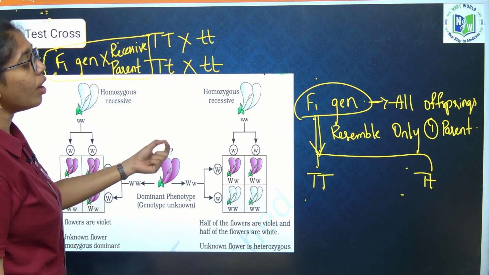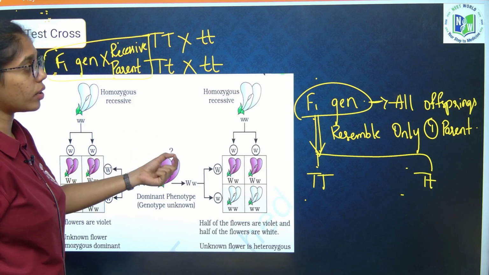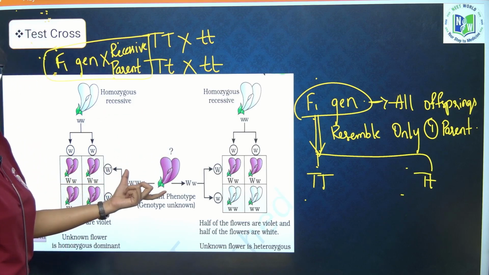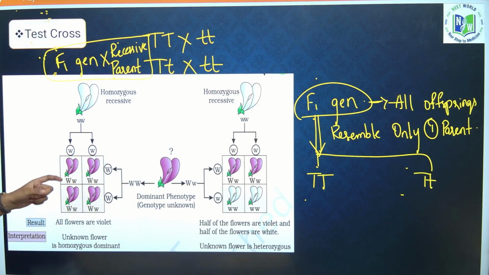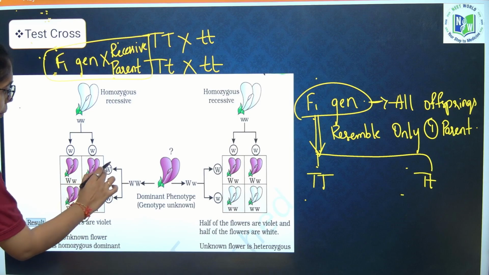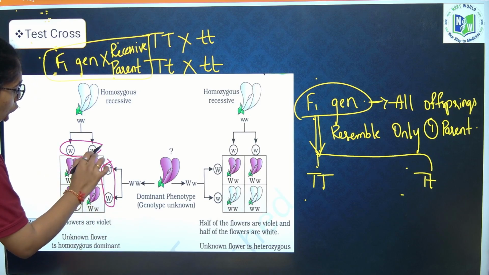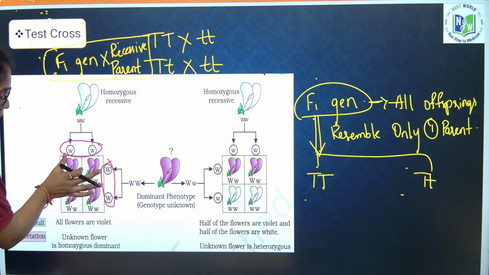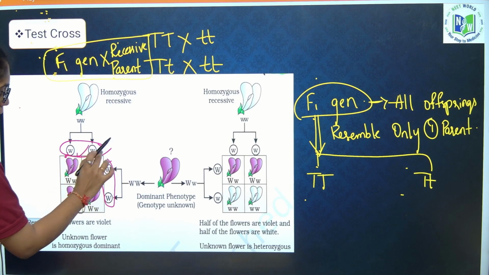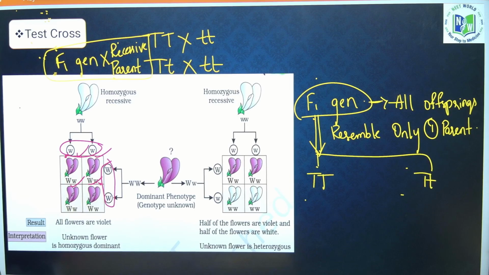We will get to know the genotypic ratio and phenotypic ratio, and what the genotype of the F1 generation is. If it is homozygous dominant, all the offsprings of the test cross will express the dominant trait only.